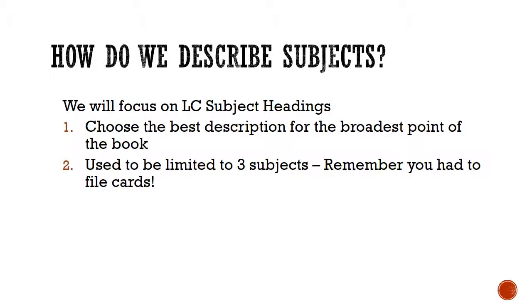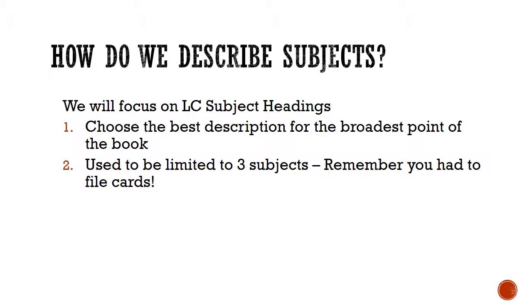And if they were about evenly, like let's say half the book was about cats and half the book was about dogs, we would assign both of those headings. Well, it used to be limited to 3 subjects. And this is primarily because we had to file cards.